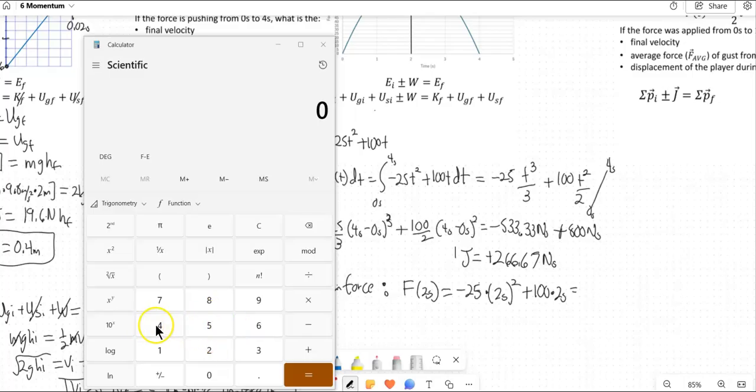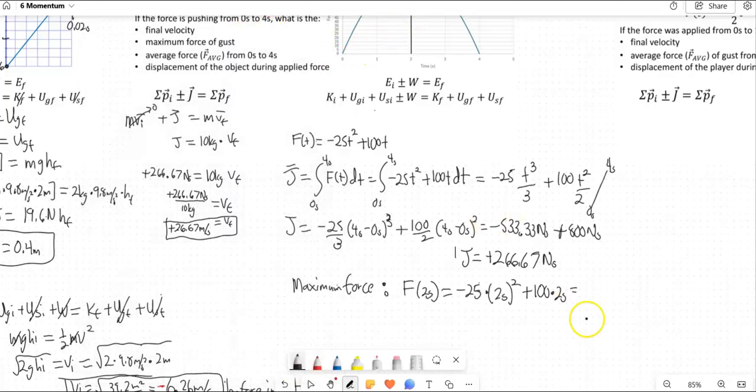So 4 times negative 25, that is negative 100 newtons, plus 2 times 100, so that's going to be 200 newtons. And so the maximum force, which occurs at 2 seconds, is going to be 100 newtons. Okay?